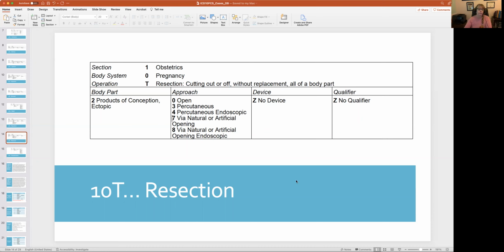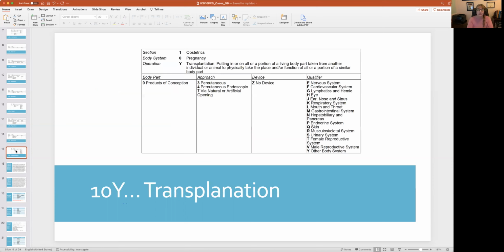Okay? All right. And the last is transplantation. Now, this is not a reference to IVF, in vitro fertilization. In vitro fertilization is the transplantation of a zygote into a woman's uterus.